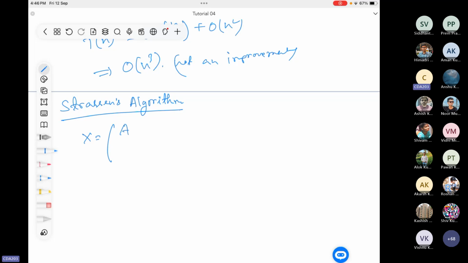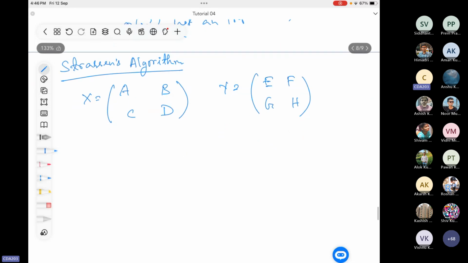He has this matrix X, and Y, and all these are matrices. X is an n cross n matrix. A, B, C, D are all n by 2 matrices. Y is E, F, G, H. So now you compute these matrices.